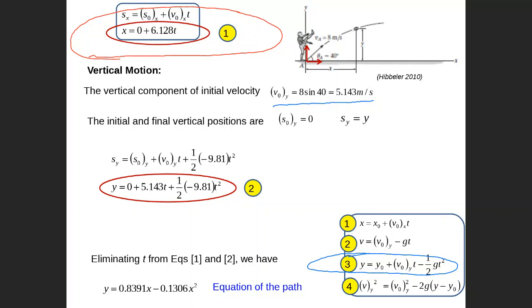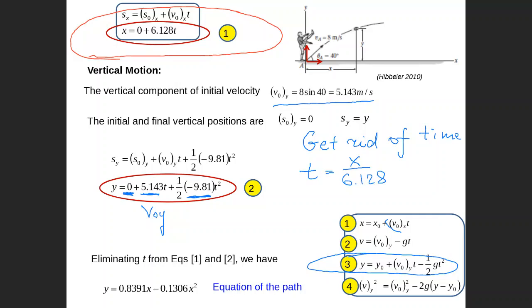The initial condition is 0. Then we have the component of velocity, that's VOY, multiplied by time. Then one half times minus total acceleration, which is acting on our particle, times time squared. So we've got two equations. Now we are going to put them together and get rid of time. Time will be equal to x divided by 6.128.